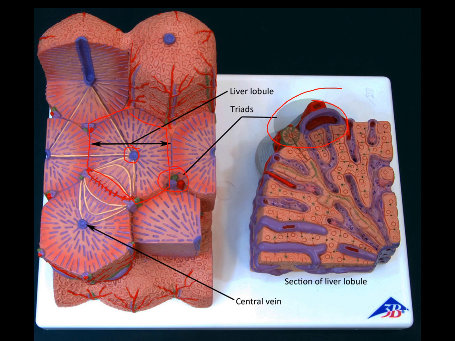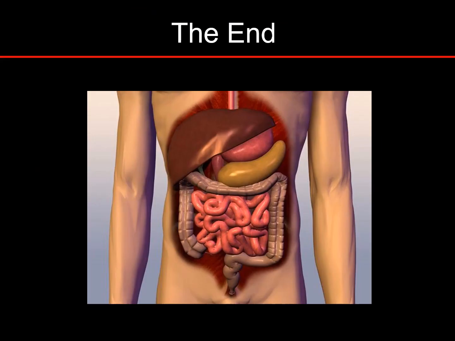Then in the middle, you're going to have a central vein. It blows up that corner as well. So you have your triad, then your sinusoids running in amongst those hepatocytes, and then the little canaliculi or little bile ductules coming out through that bile duct. That's kind of cool.